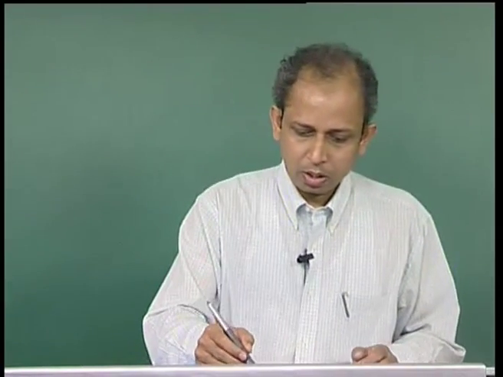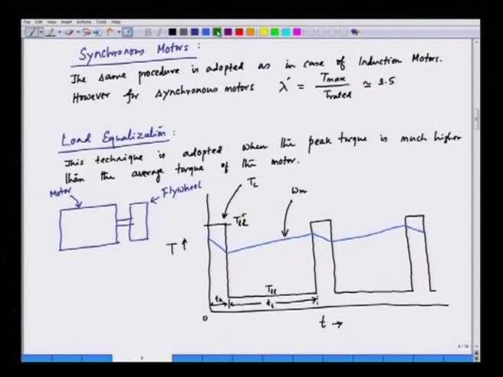The motor has a moment of inertia J naught, and the flywheel has a moment of inertia J w, so the total moment of inertia of the combination is equal to J naught plus J w.